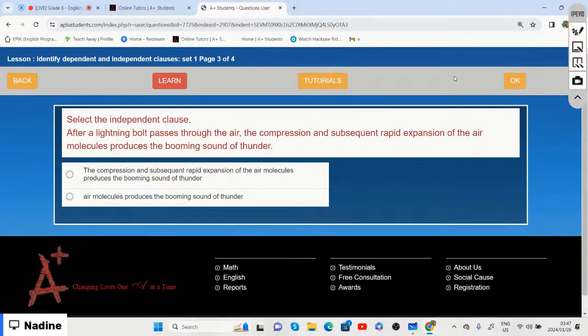It says, "After a lightning bolt passes through the air, the compression and subsequent rapid expansion of the air molecules produces the booming sound of thunder." So we need to select the independent clause. Is it "the compression and subsequent rapid expansion of the air molecules produces the booming sound of thunder," or "air molecules produces the booming sound of thunder"?